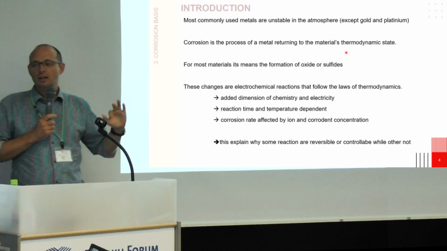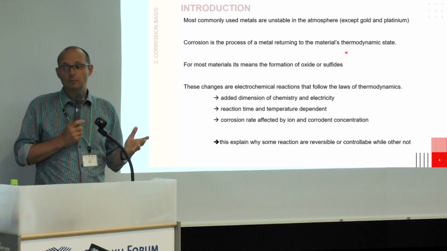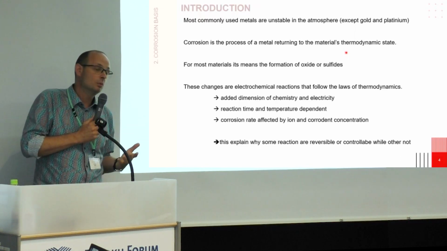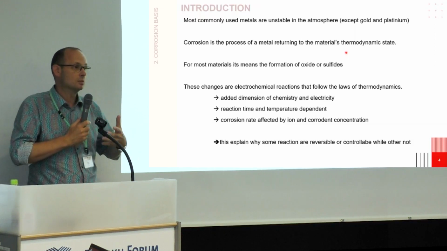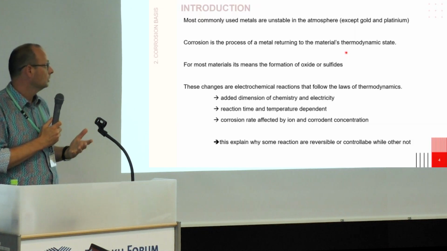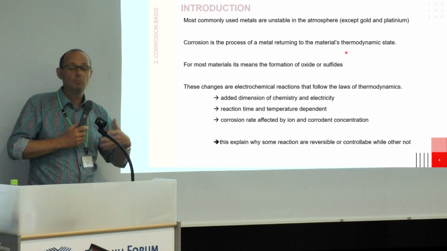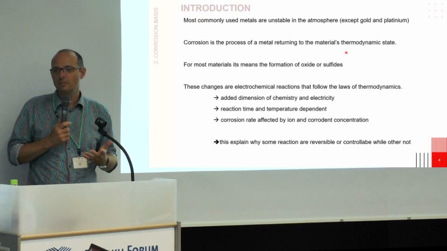So I already said that we are going back to a thermodynamical state of the materials. And when we deal with corrosion, most of the time, materials, so steels and alloys, will form what we call oxide, passive layer, sulfide layer, and so on.